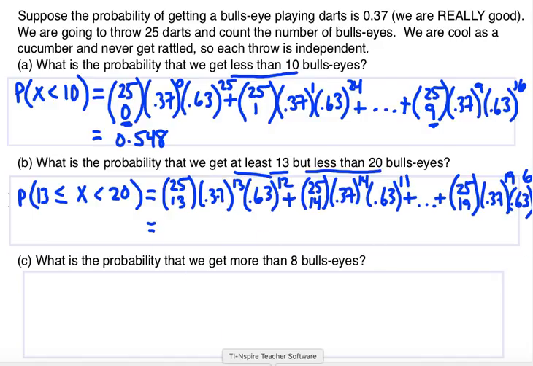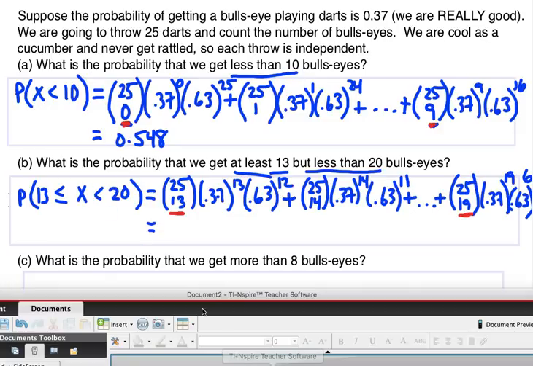But now you get to use your calculator because we do not want to type all that in. Just be aware, though, that the lower bound was 13, the upper bound is 19. It can equal 13, but it cannot go all the way up to 20. So 19 is the highest. Okay, so again, because we've got inequality symbols, we're going to do binomial CDF in the calculator.